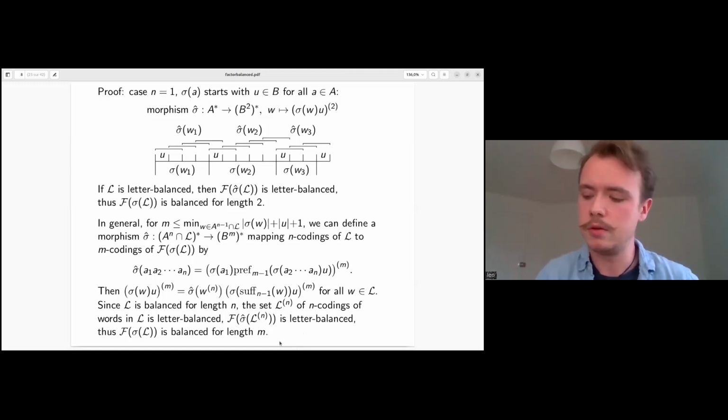And so, using the properties on letter balancedness and application of a proper morphism, you have the preservation of being balanced for that length M.